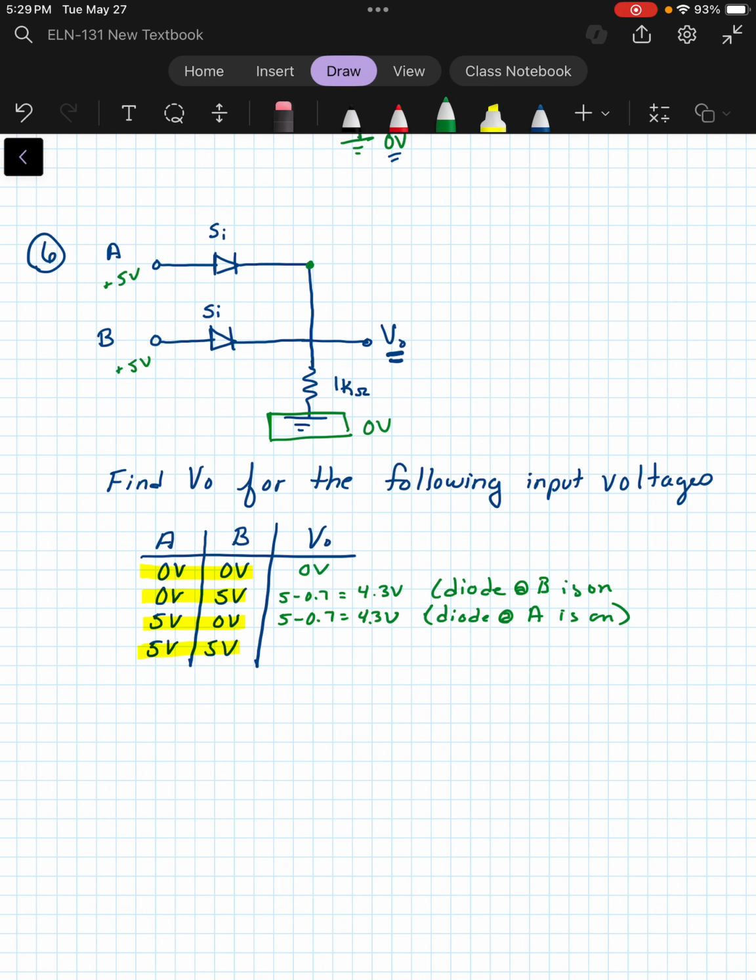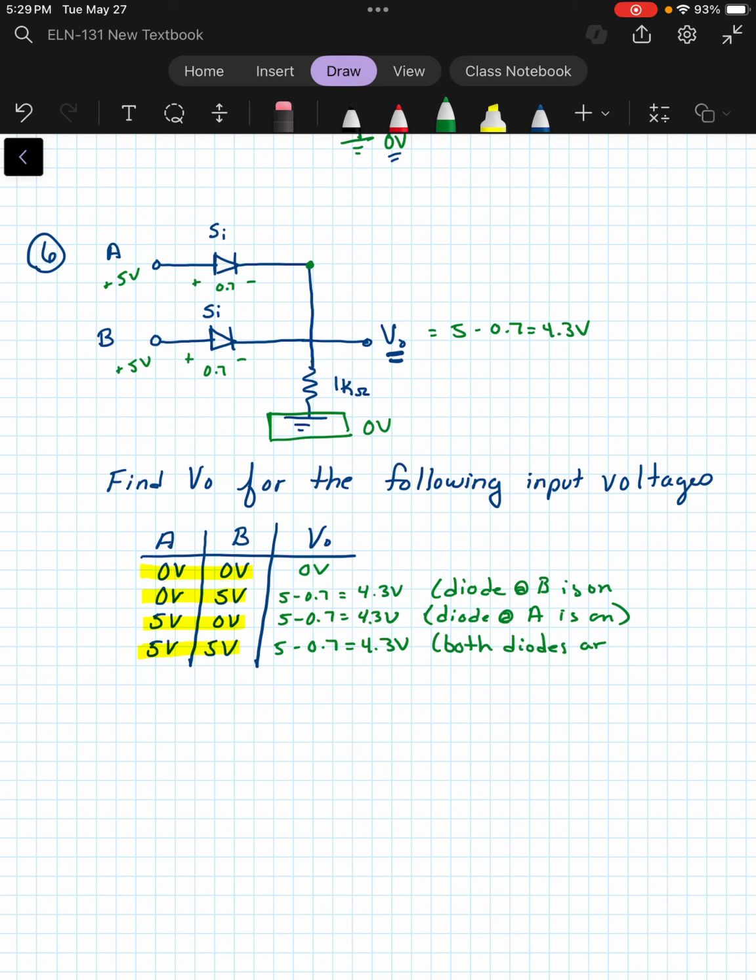Well, that's going to turn on both of the silicon diodes. So we're going to have that drop of 0.7 here and the drop of 0.7 here. They are, of course, the same voltage. So at V out, we would have 5 minus 0.7 or 4.3 volts. Both diodes are on.